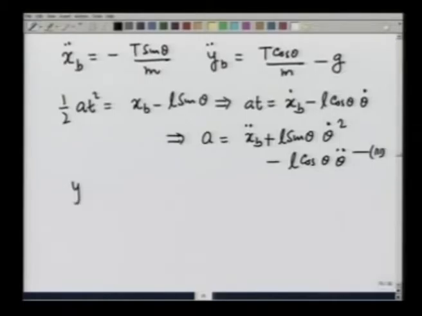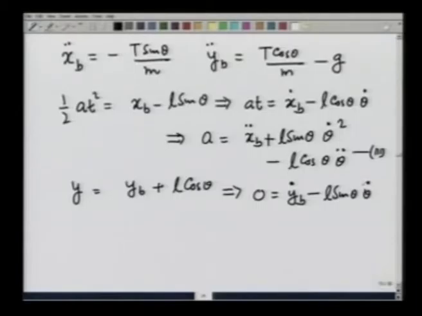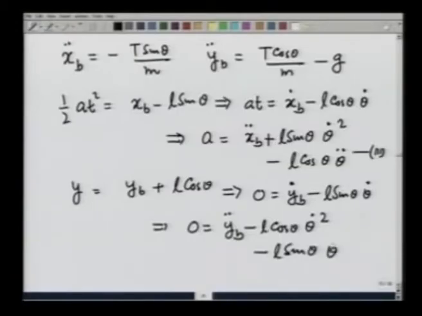Similarly, y equals yb plus L cosine of theta gives me y dot is 0, 0 equals yb dot minus L sine theta, theta dot. Differentiating it once more, I get 0 equals yb double dot minus L cosine theta, theta dot square minus L sine theta, theta double dot.